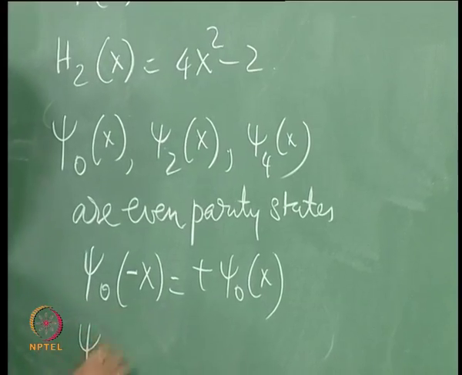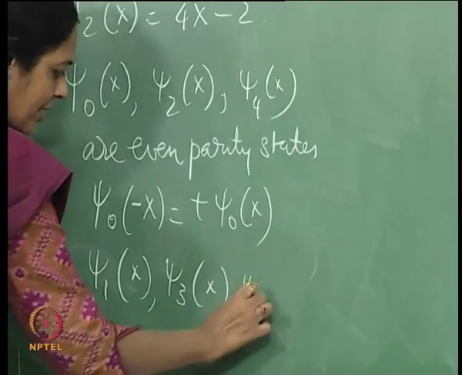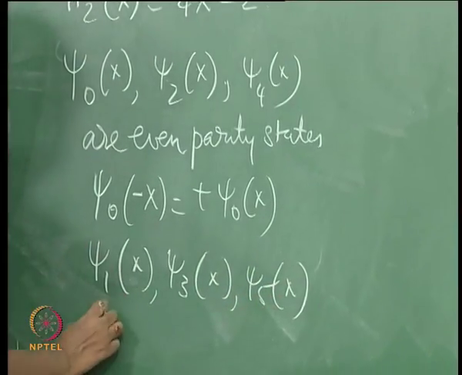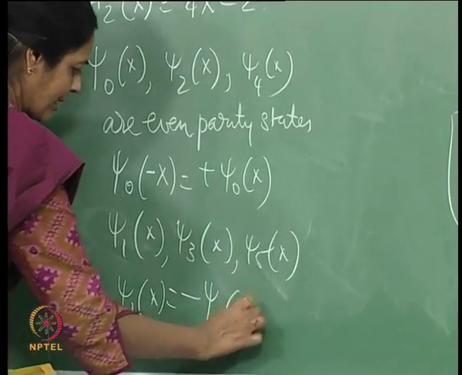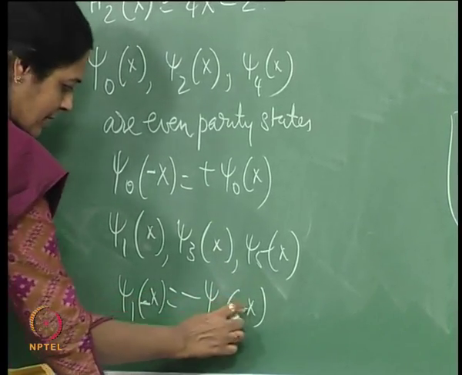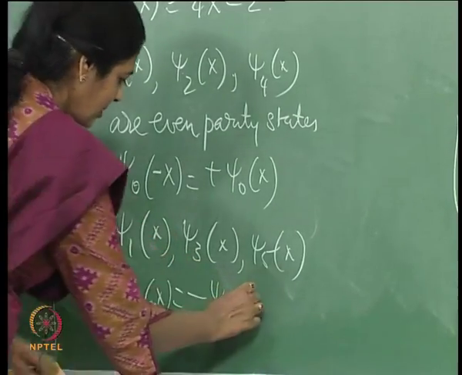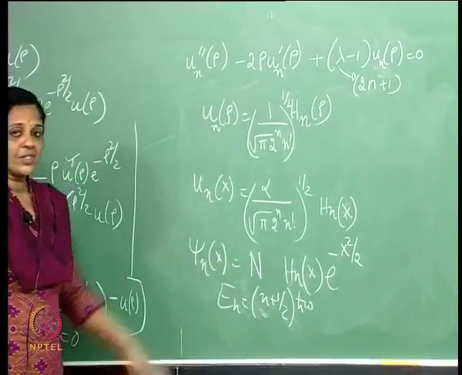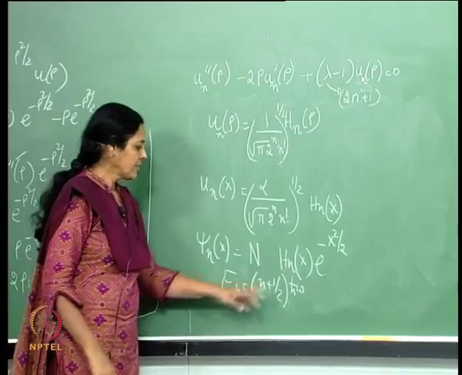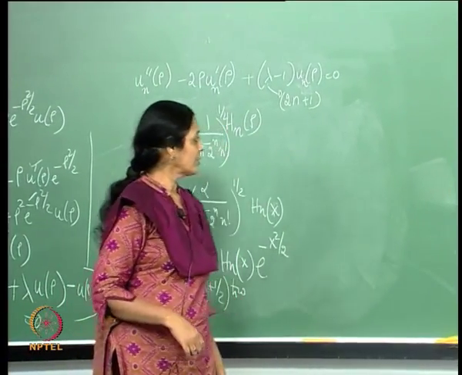And psi 1 of x, psi 3 of x, psi 5 of x are odd parity states. That means psi 1 of minus x is minus psi 1 of x, and so on. This property is reflected by the fact that psi n of x is essentially Hn of x, and the Hns themselves have even and odd parity, like I have shown here.